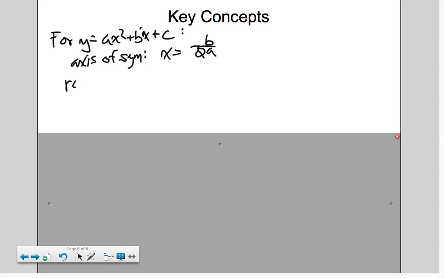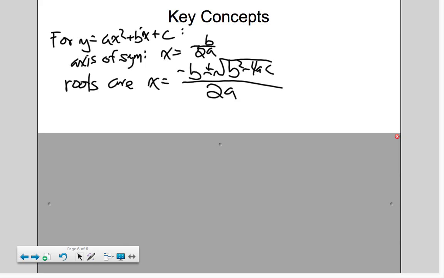The roots are x is equal to minus b plus or minus the square root of b squared minus 4ac, over 2a. So those two little formulas are what we're driving at.